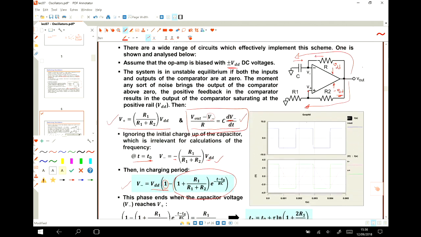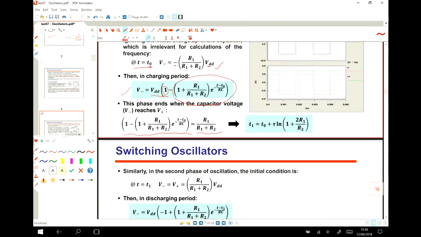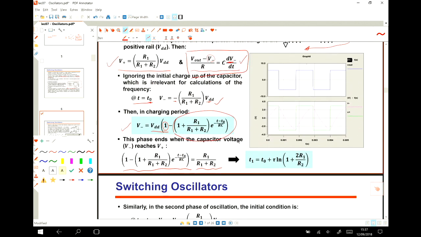The voltage at V plus equals this, and the voltage at V minus equals this, and then you find that T1 comes from this formula. So after how long, if the time base is T naught, does this situation change? This is the half of the period. If here is T naught, then here is T1, and this is the half of the period.